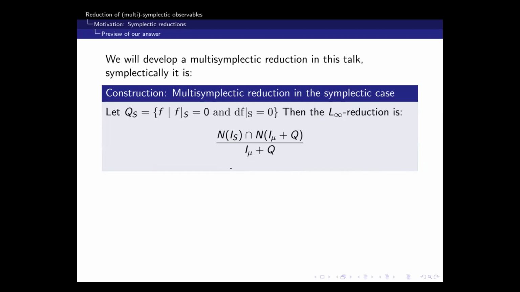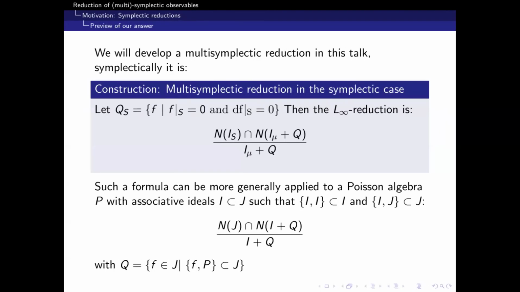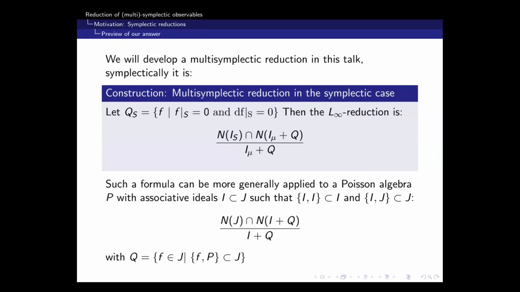Okay, so this is maybe partially answering your question about generality. We can do this extremely generally for any Poisson algebra with two ideals, one of which is a Poisson ideal, and the other one is preserved by this Poisson ideal.